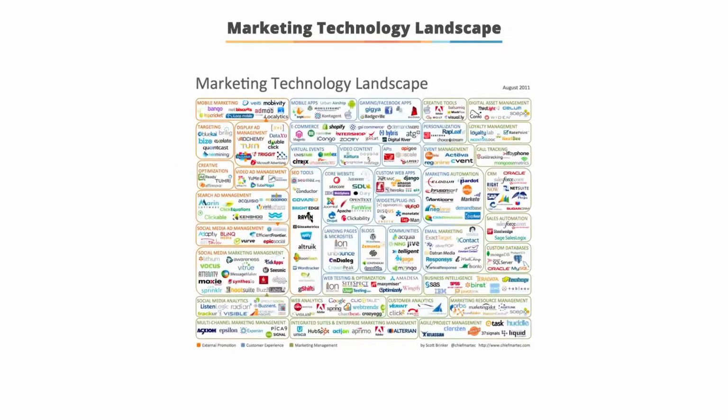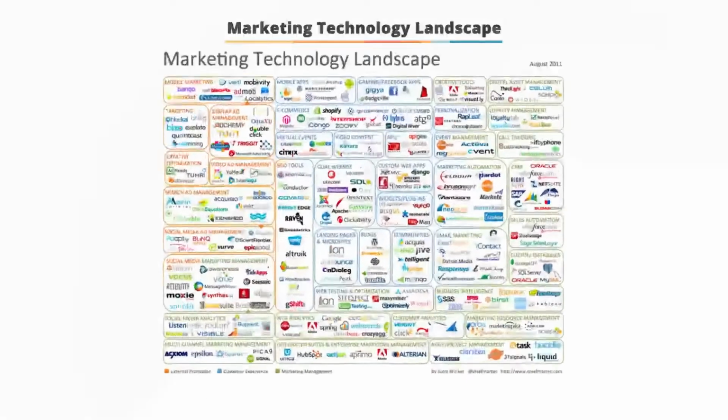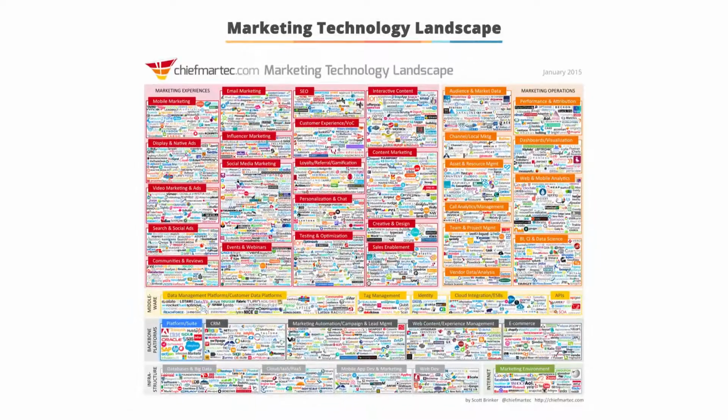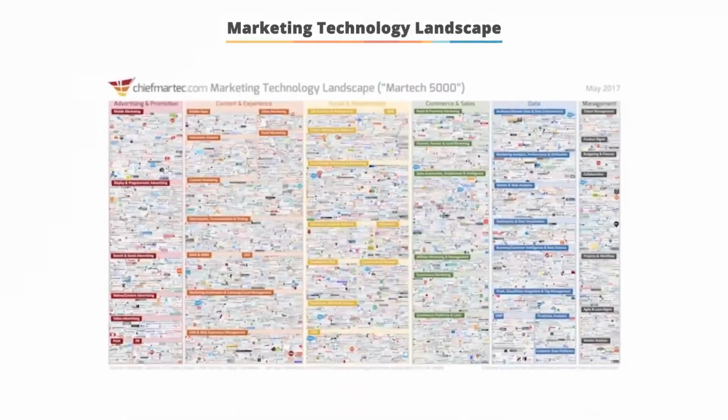In 2011, their chart showed about 100 company logos organized in a few categories. By 2015, there were close to 2,000 vendors organized in 43 different categories. The latest version of 2017 grew another 40% from 2016 to reach over 5,000 different solutions. So it's no surprise that the ecosystem is very, very complex.